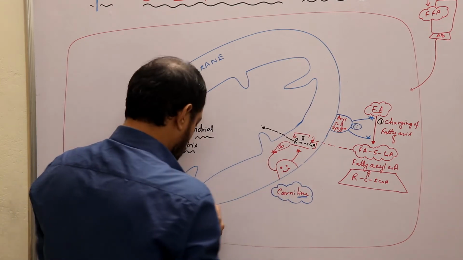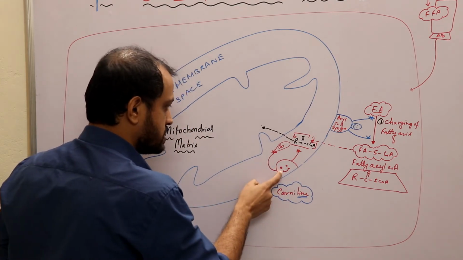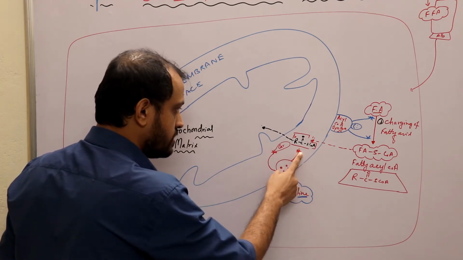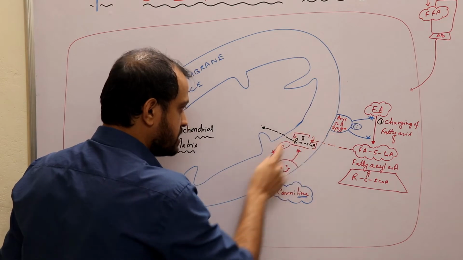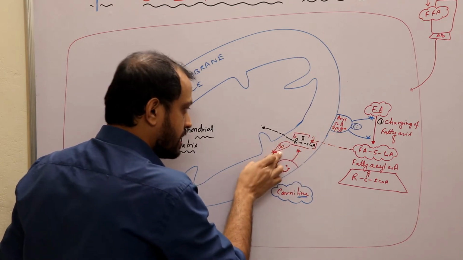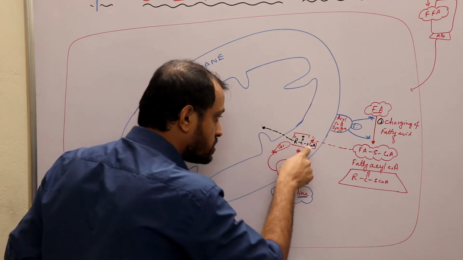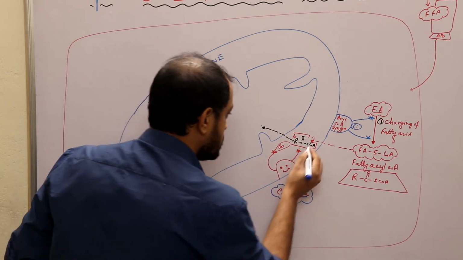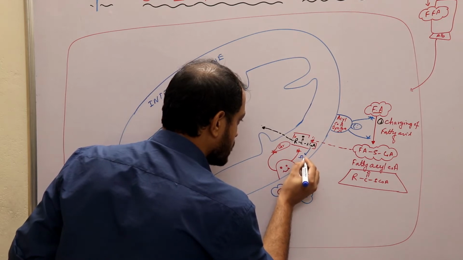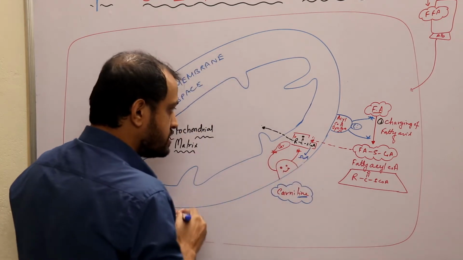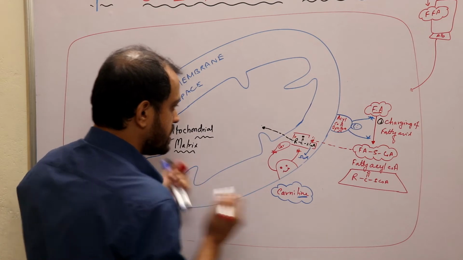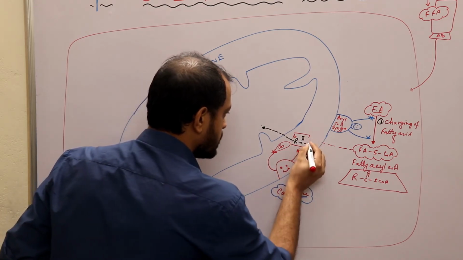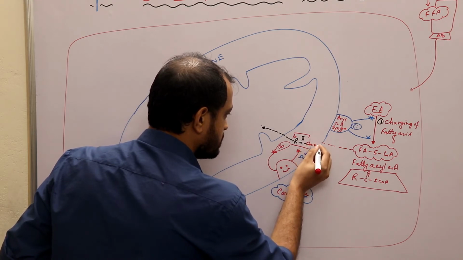Now what is the importance of this enzyme? Listen, this enzyme has two sides. On the first side it will take this fatty acyl CoA, on the second side it will take carnitine, and it will kick out this S-CoA. Instead of this S-CoA, it will add carnitine.